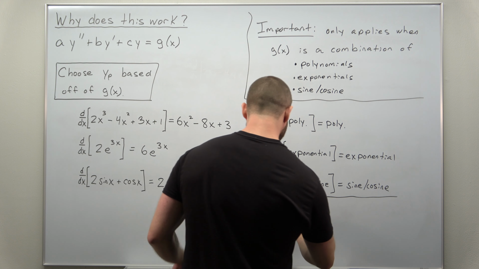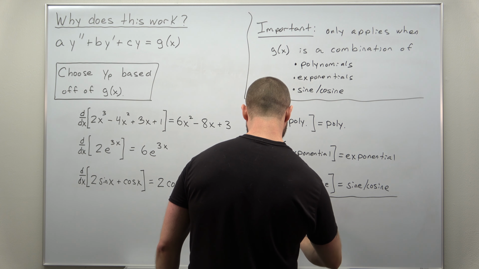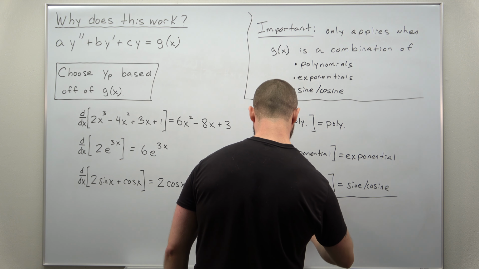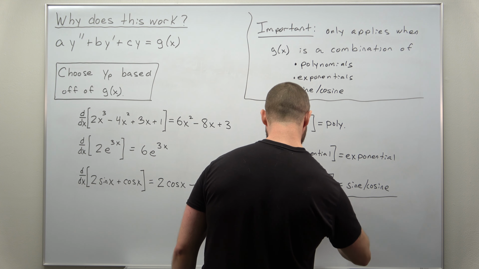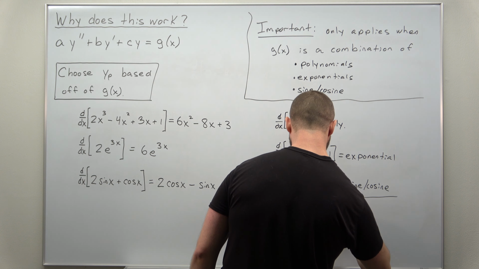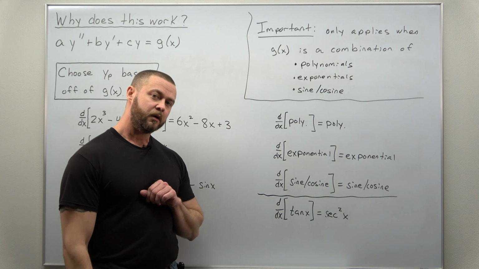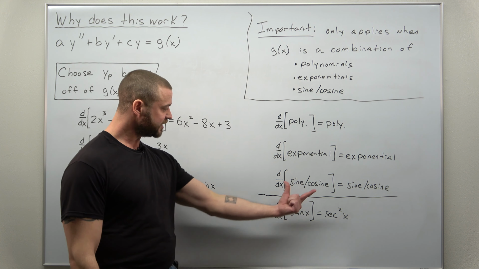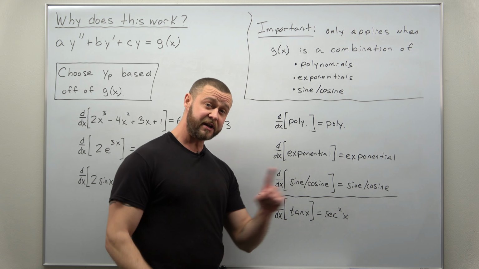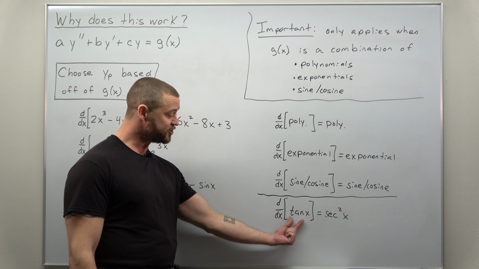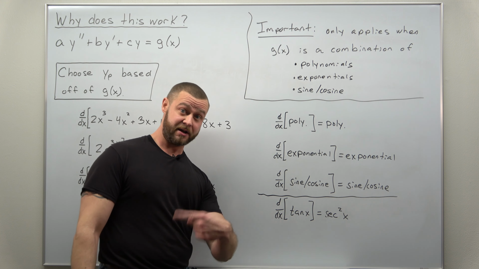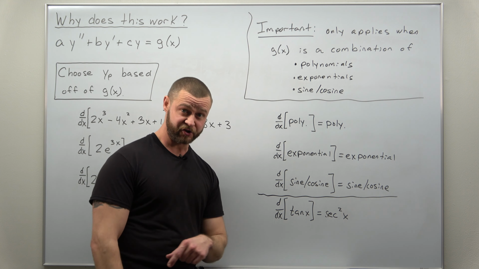Let me write down the basic derivative rule. The derivative of tangent, you know that as secant squared. And this breaks the pattern here. Notice sine and cosine differentiate to themselves, but tangent does not differentiate to a tangent function.